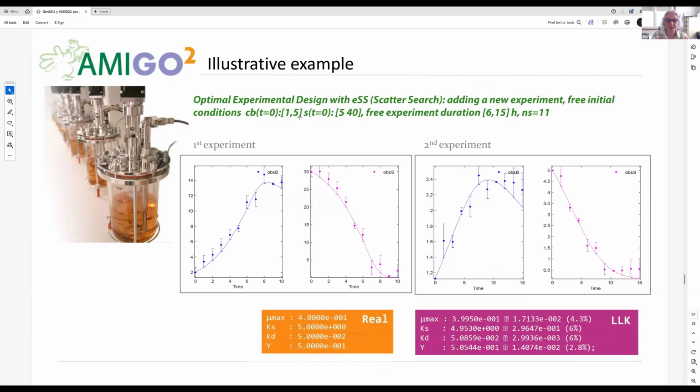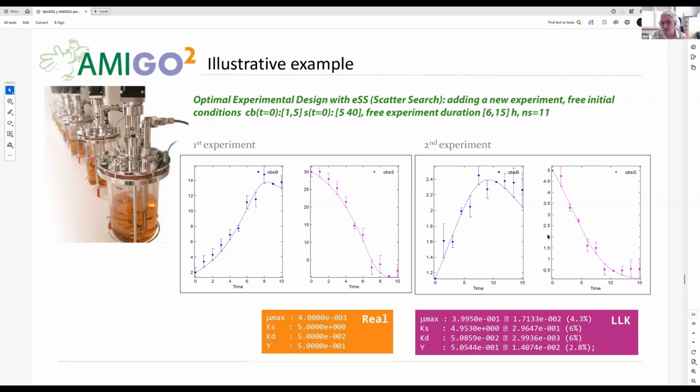So in the illustrative example, again, we decided to design the second experiment, taking into account the one we have already. So the second experiment is somehow complementary to the one we have, and we allowed to modify the initial conditions for both the amount of cells and the substrate concentration. And we allowed for the experiment to be free, in this case, between 6 and 15 hours, with 11 sampling times.